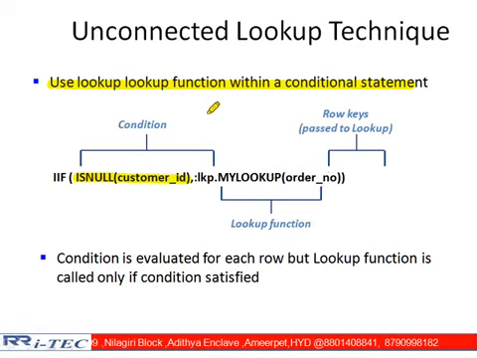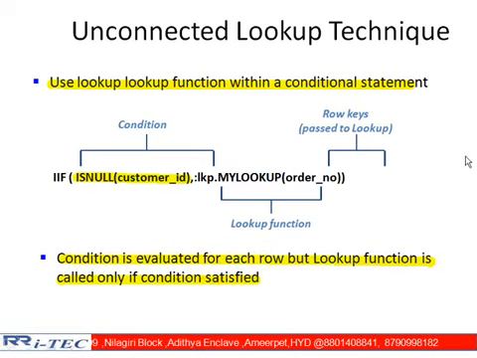Whenever an order is placed, I check whether the order's corresponding customer ID is available, and from there I pull the customer ID. So the condition is evaluated for each row, but the lookup function is called only if the condition is satisfied.